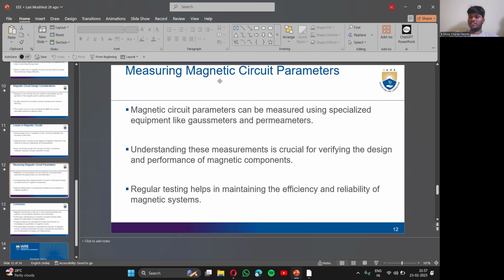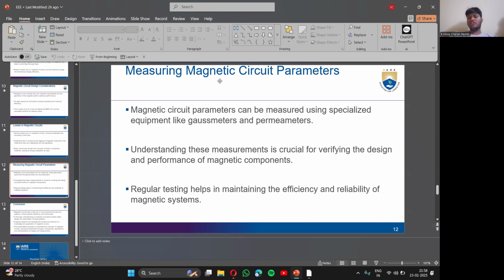Magnetic circuit parameters are measured using specialized equipment, and many instruments are used to calculate the parameters at which these circuits are working, such as the magnetic field, the reluctance, and the magnetomotive force, which can be measured by Gauss meters and permeameters.